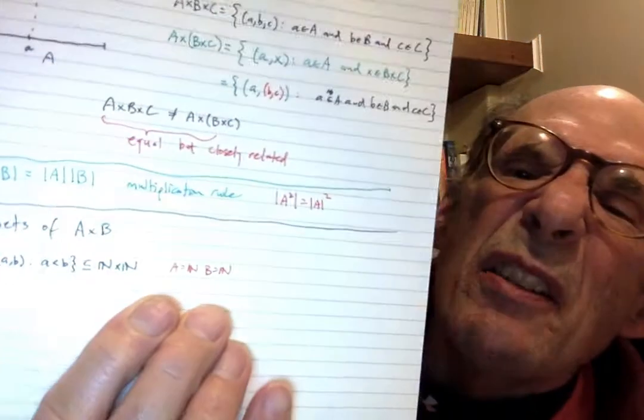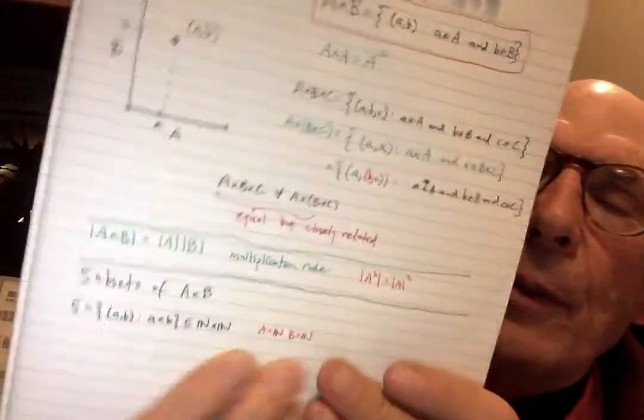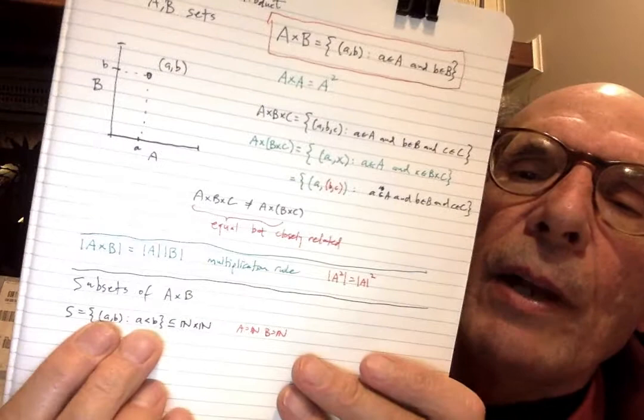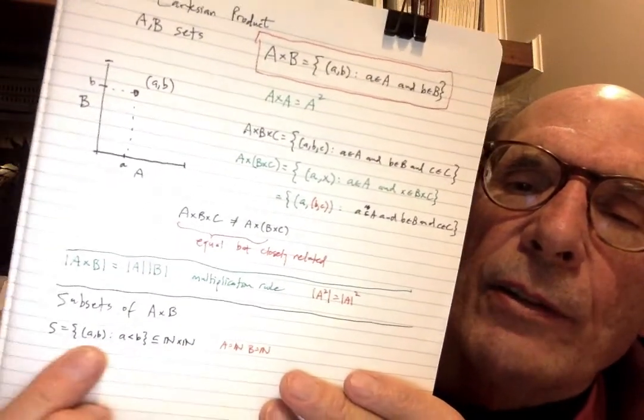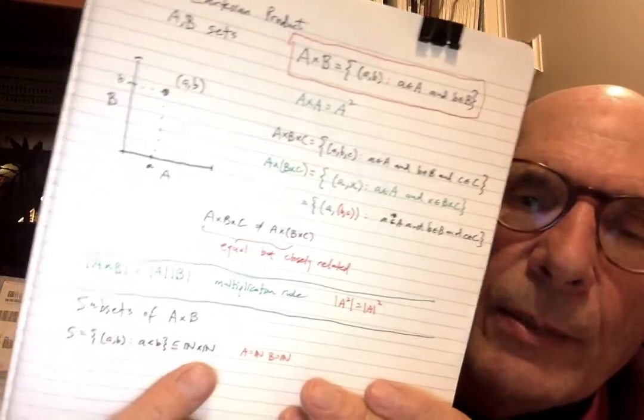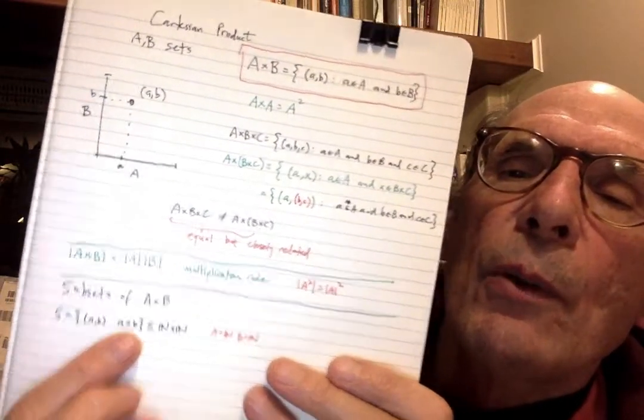But I have written down that A is the set of natural numbers, B is the set of natural numbers, and what I've said here is that these pairs are in N cross N. So a has to be a natural number, b has to be a natural number, and the subset is defined by this rule, whether a is less than b.